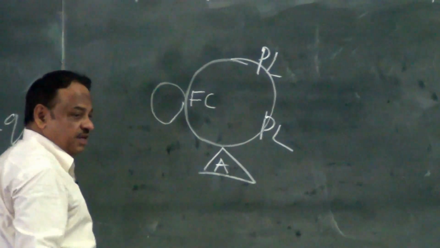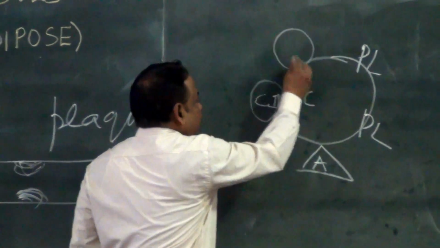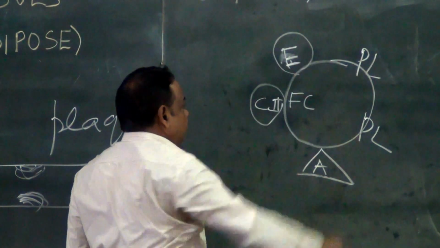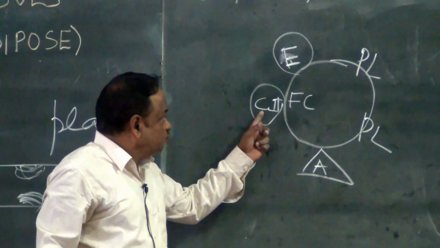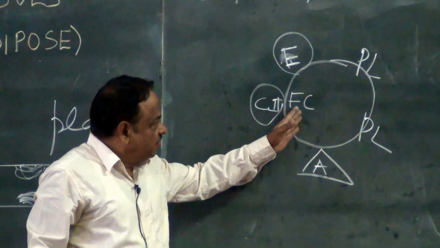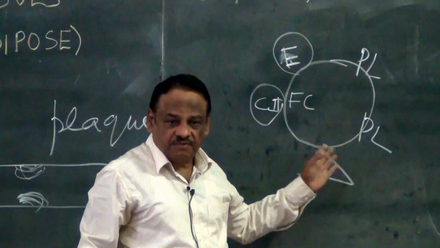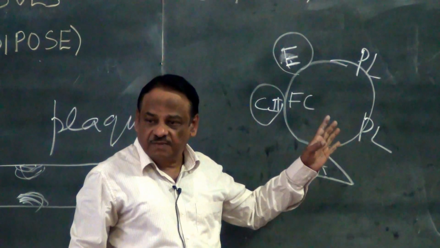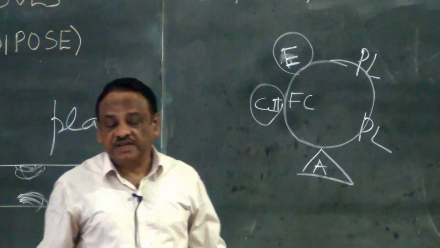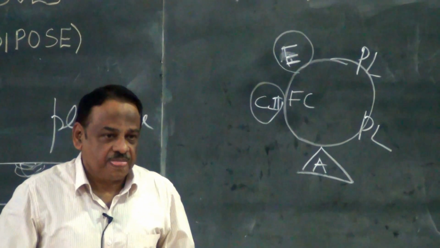It contains apoprotein C2, and also apoprotein E. So A, C2, and E. It contains more of free cholesterol. Phospholipids are on the periphery because they are water soluble. Phospholipids are water soluble, isn't it? Phosphatidylcholine is a phospholipid. That's lecithin.